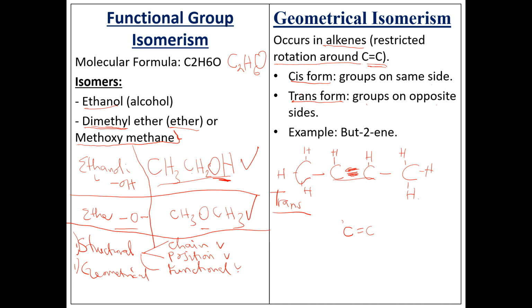So if we have this hydrogen attached and then we have this CH3, we have the hydrogens on opposite sides, and the methyl groups on opposite sides. So we call this one trans but-2-ene.